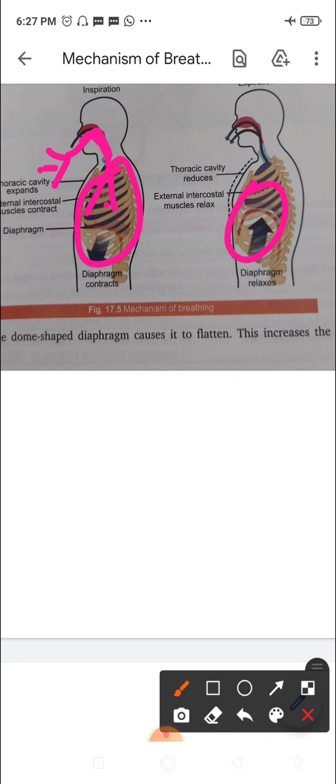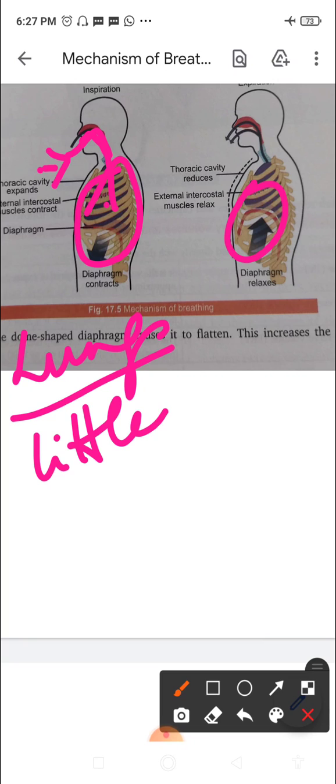Since lungs have little musculature, which means hardly any muscles are there in the lungs, they cannot expand or contract on their own. Very important thing about the lungs.